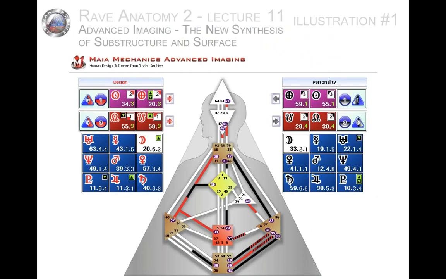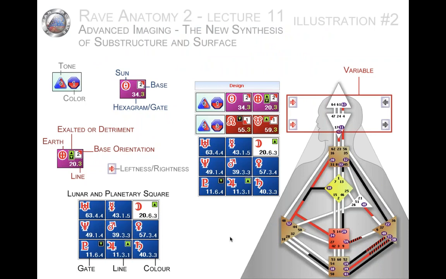So, the final lecture for Rave Anatomy 2, Ra takes you through advanced imaging, what he called the new synthesis. This advanced imaging was really developed out of rave psychology and the primary health system to support professionals that worked in these areas.